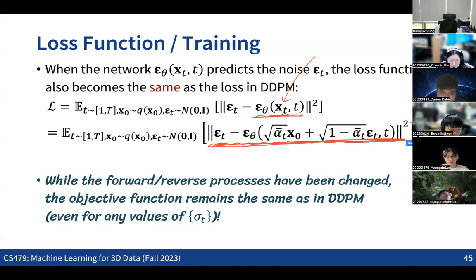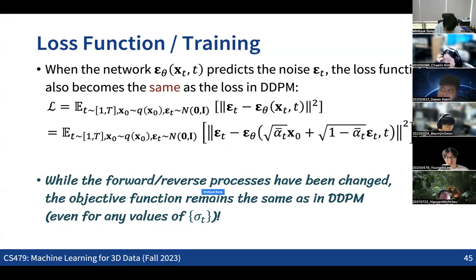So the key thing is that while we are changing the forward and reverse processes to run in a different way, the objective function remains exactly the same.